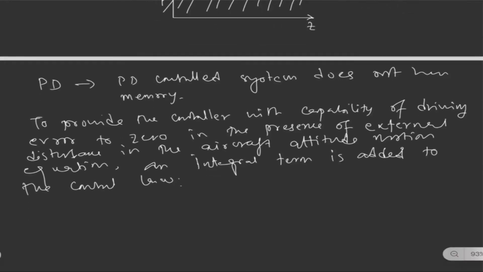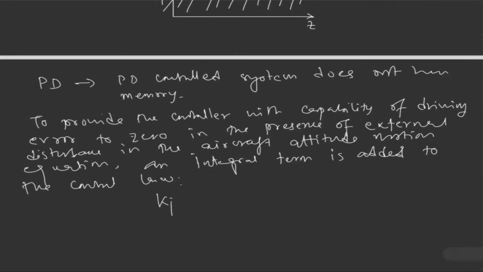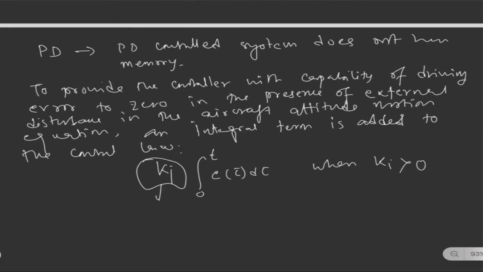So we have to add an integral term like Ki times the integral from 0 to t of E tau d tau, where Ki is greater than 0. This is basically what we call the integral constant.